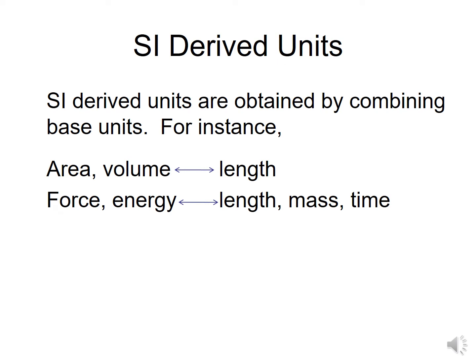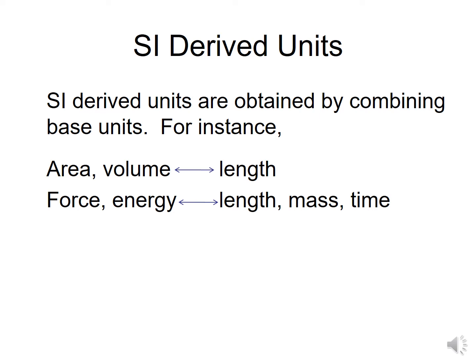Derived SI units are obtained by combining base units. For instance, we can combine length with itself to form an area or a volume. Area is simply length squared, and volume is length cubed. Other quantities require the combination of different fundamental quantities.